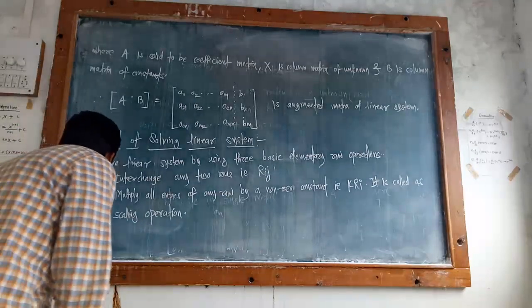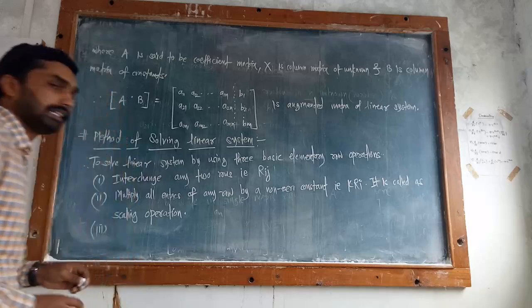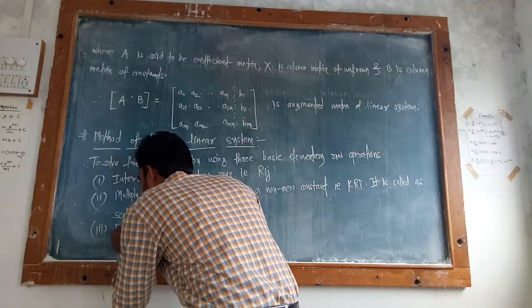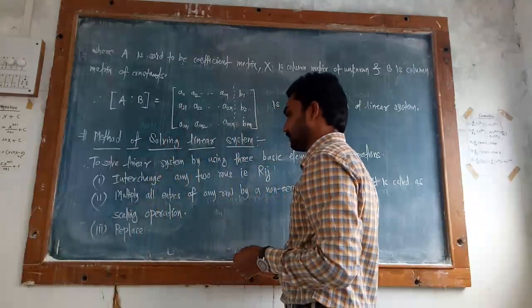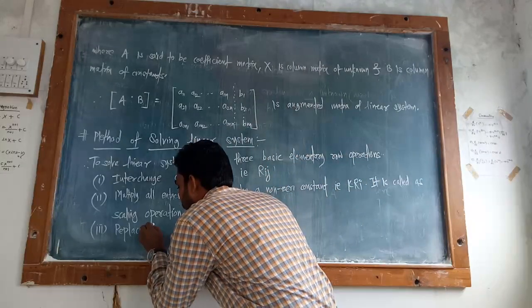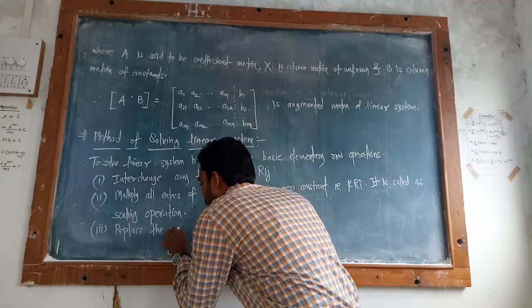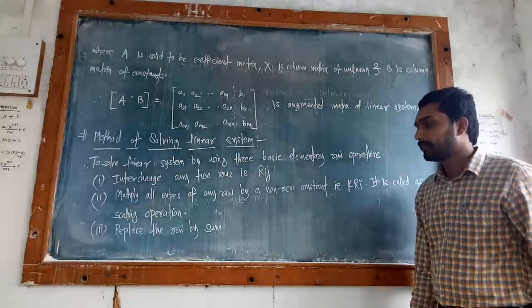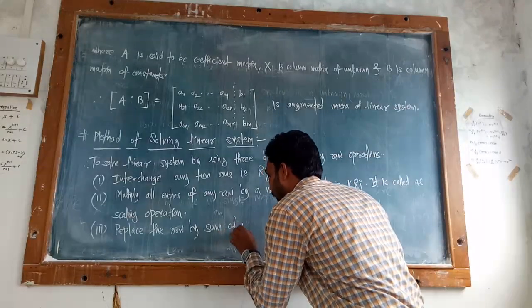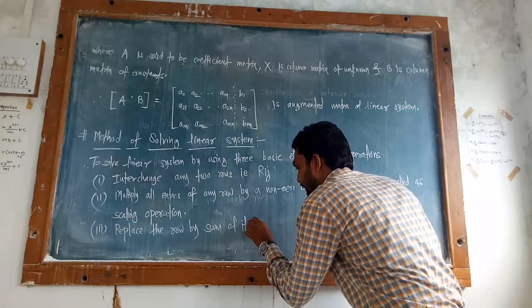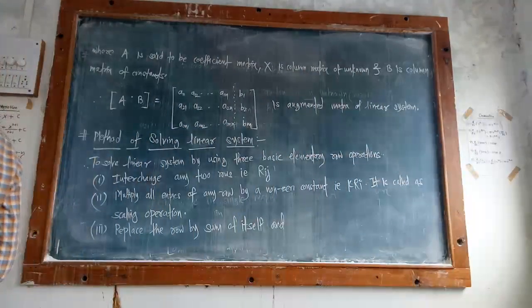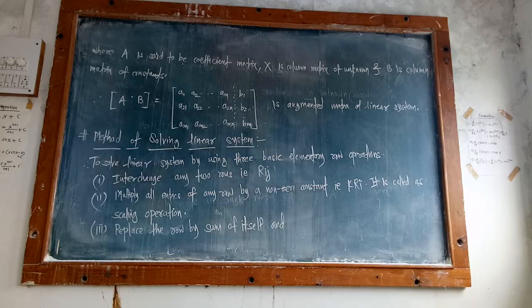Okay, so write down the last, third elementary row operation. Your third elementary row operation becomes: replace the row by the sum of itself and a multiple of another row.